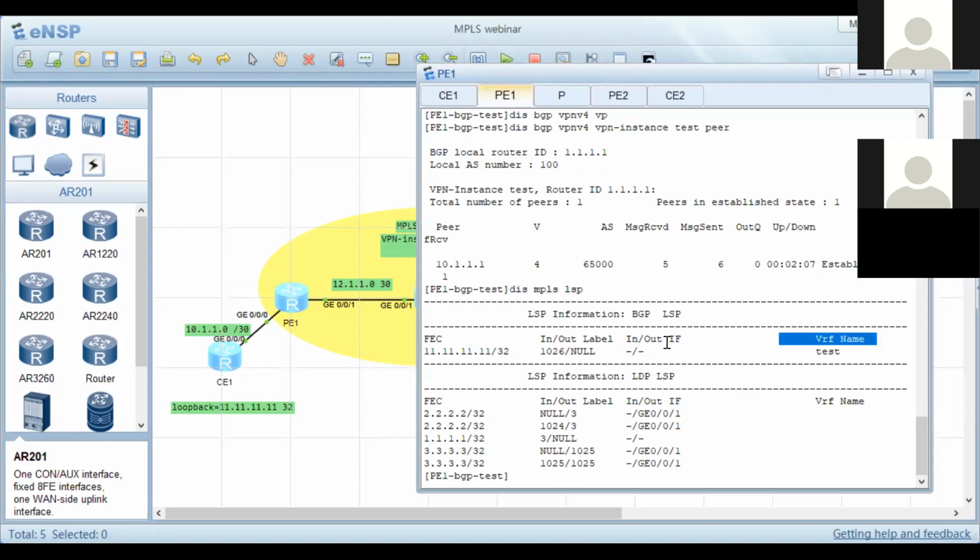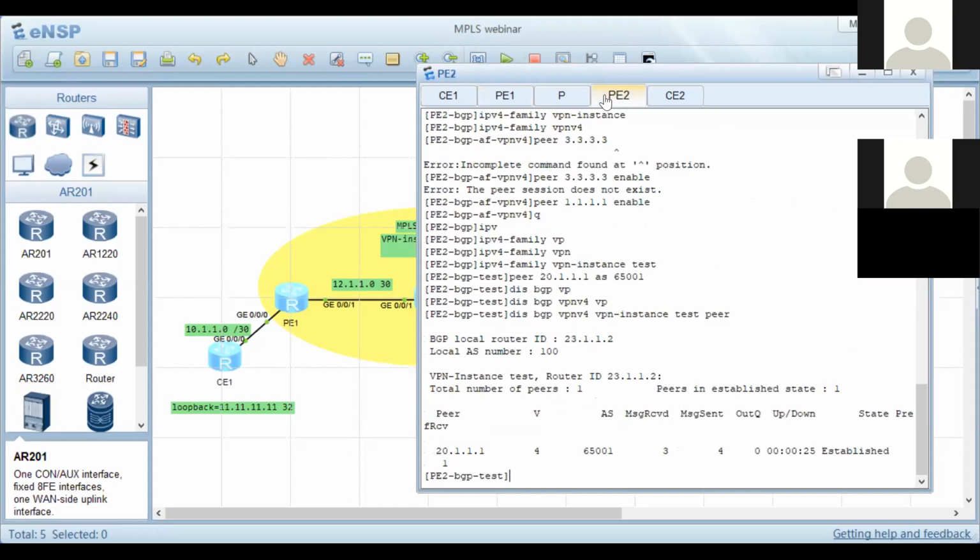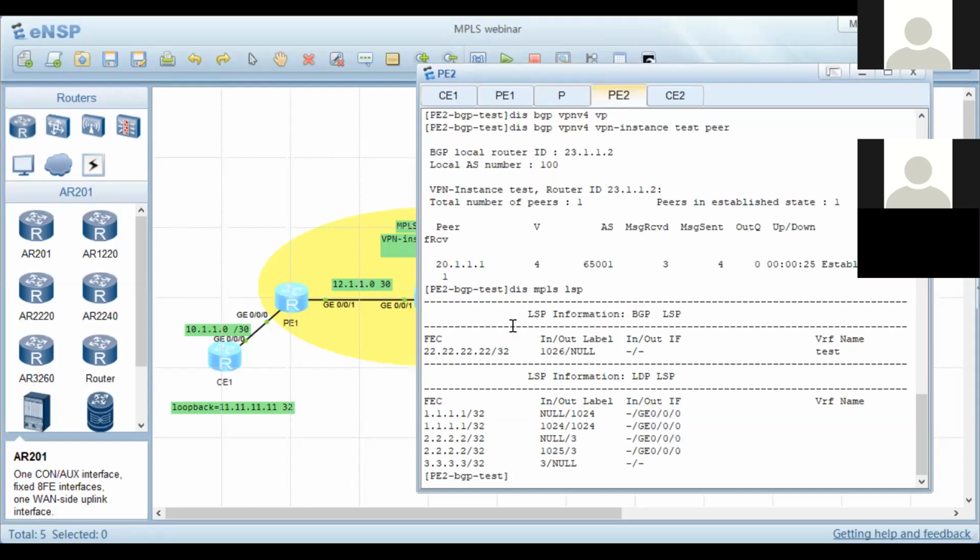This will be done on each and every different MPLS VPN instances. You can also check the LSP here. So as you can see, here is the FEC, here is the direction.